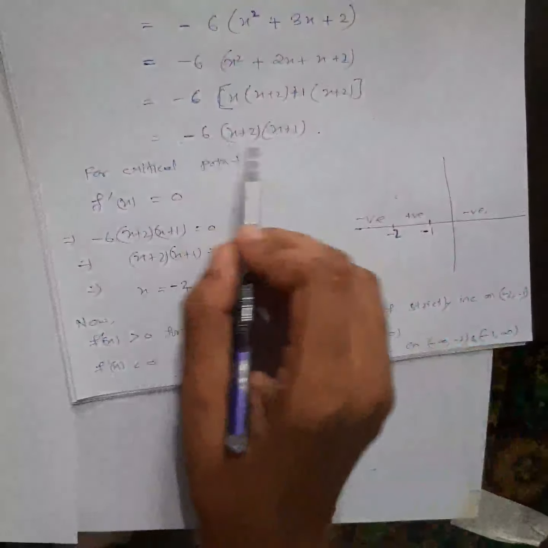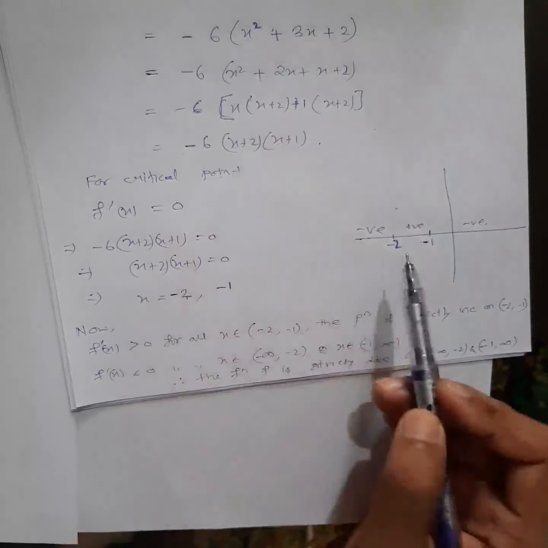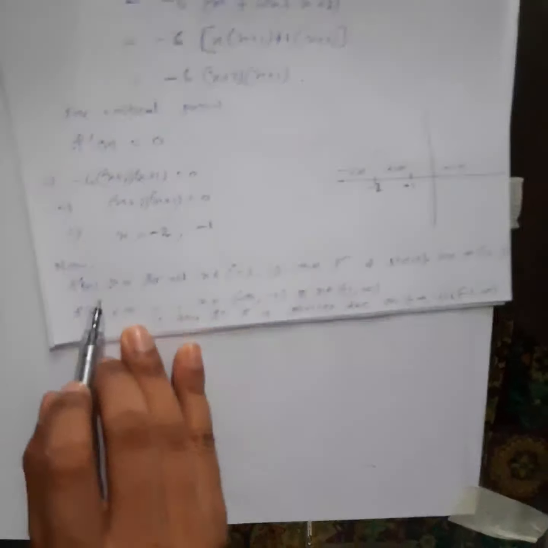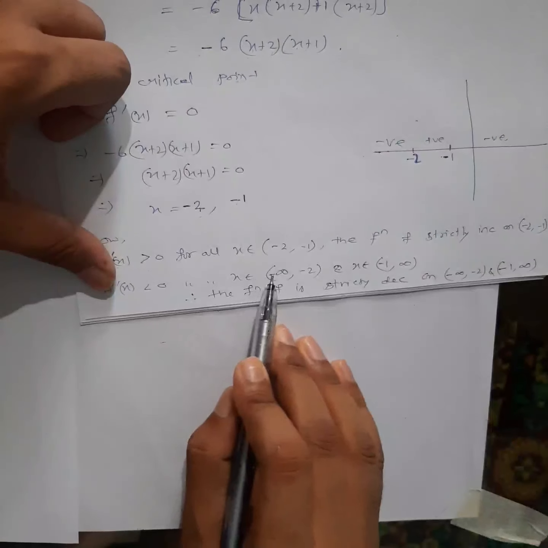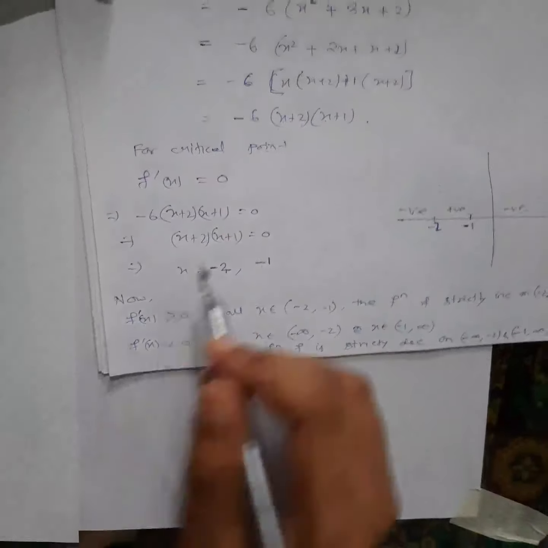So this will give you negative. I don't need the values, I need the sign only, remember that. If it is negative, I know that the graph here will be decreasing, that's confirmed. That's why I've written f dash x is less than 0 for all x belonging to minus infinity to -2. This is the interval.